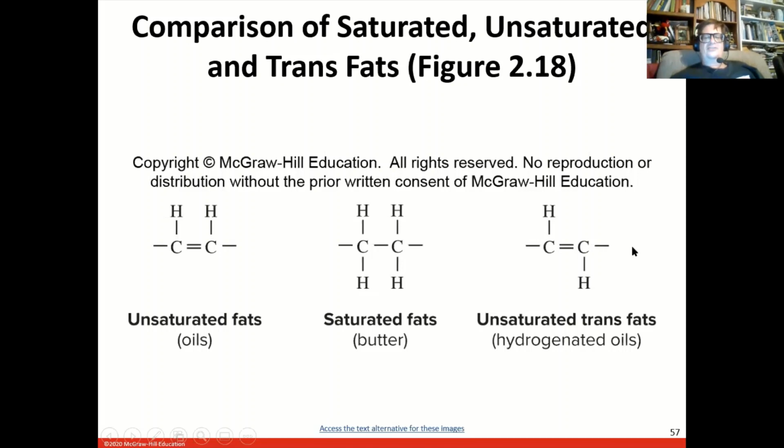Trans fats are real uncommon in nature, and we're not real good at digesting them. So we tend to make some mildly toxic byproducts when we try.